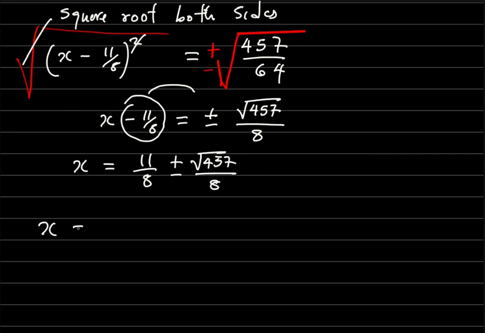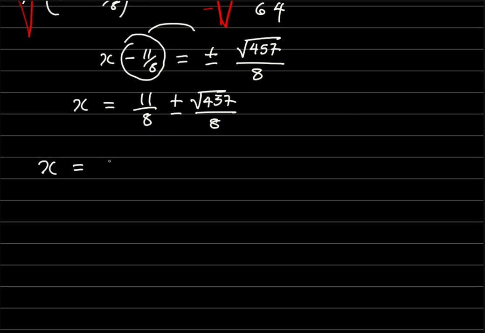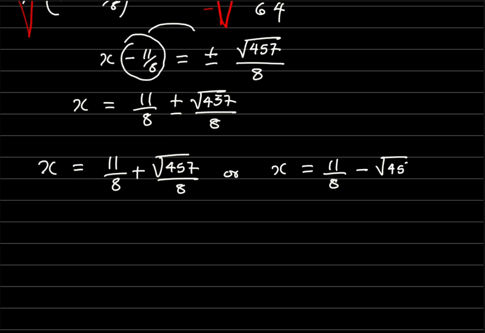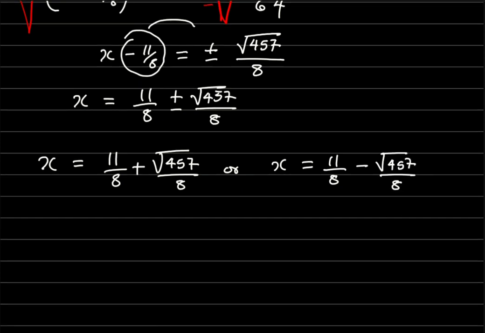Now x is either equal to 11 over 8 plus the root of 457 over 8, or x is equal to 11 over 8 minus the root of 457 over 8.